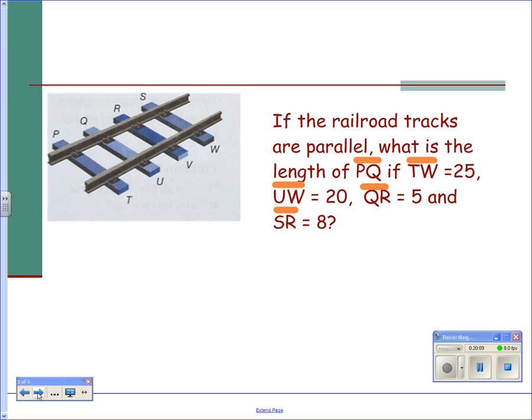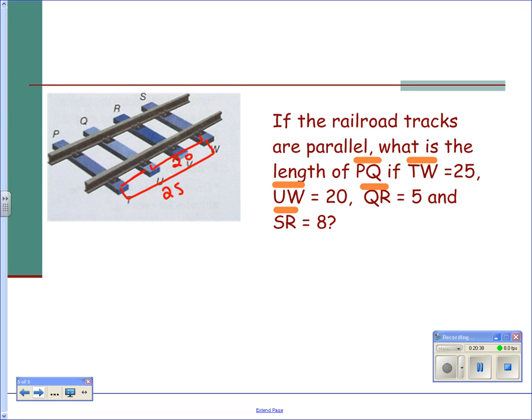None? It is a decimal. Okay. That's 25, right? And that's 20, right?